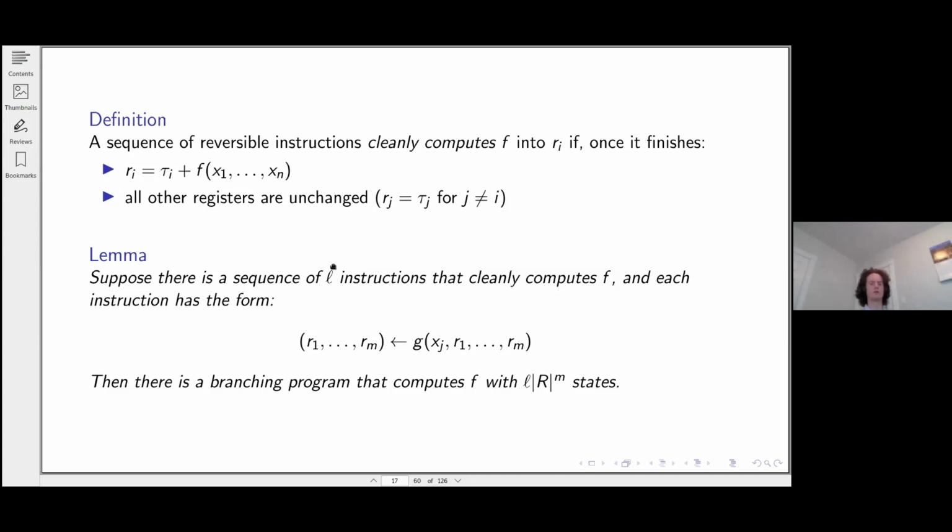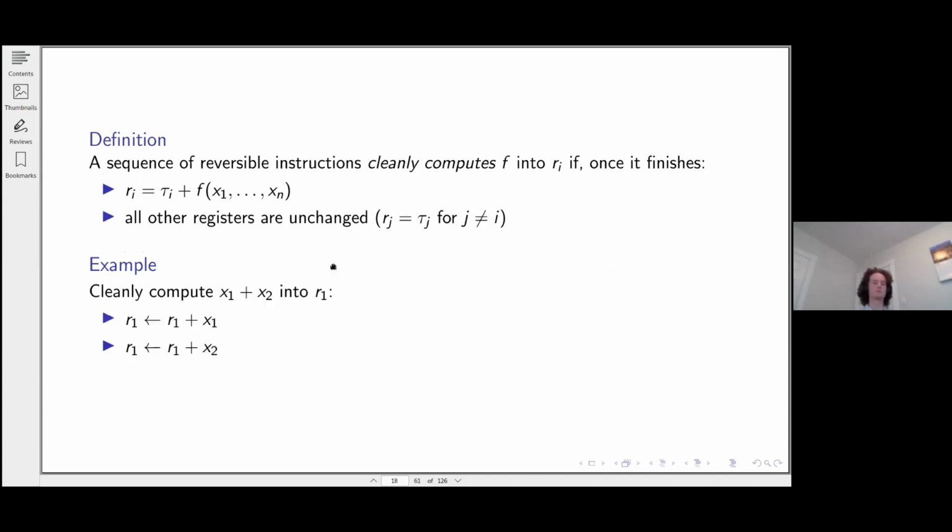So our overall strategy is going to be this. We're going to try to make a clean computation for solving the tree evaluation problem. And then we're going to apply this lemma to say that that means that there's a branching program. So let's look at a couple of examples of clean computations. So for example, suppose we want to cleanly compute input 1 plus input 2 into register 1.